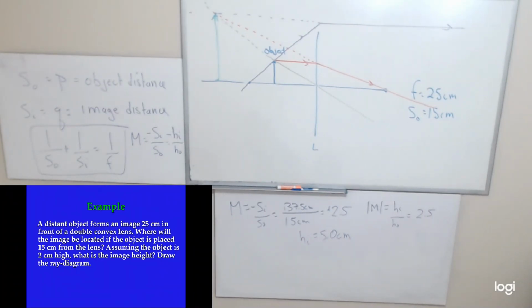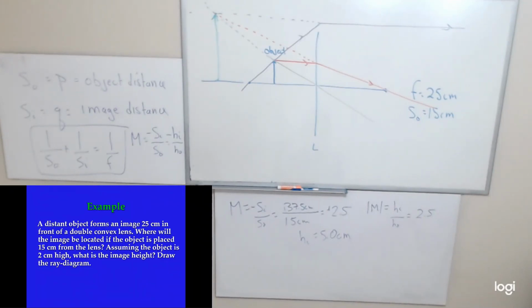If you're between one and two focal lengths, the image will be bigger than the object. I should be careful. If I have a double convex lens or a concave mirror, if the object is between f and 2f, the image will be real, inverted, and larger than the object.